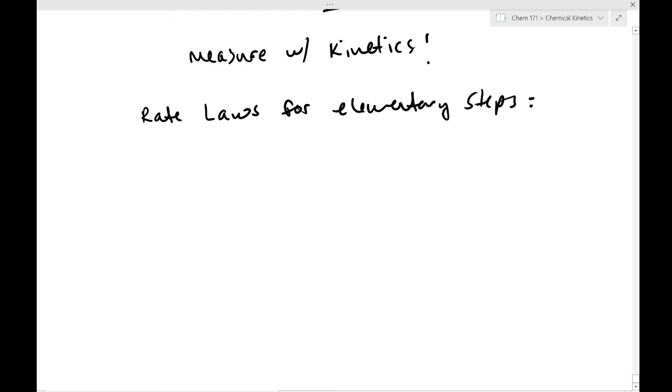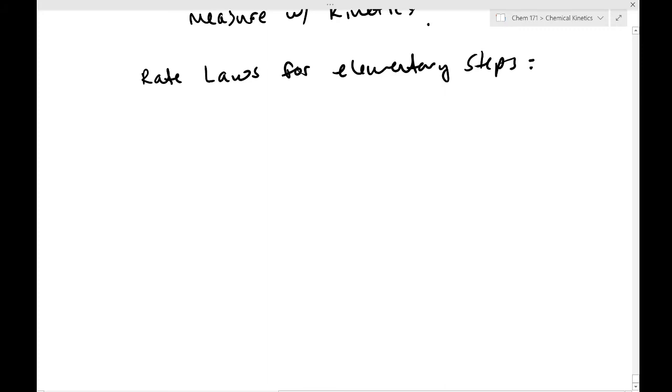Okay, so for each one of these elementary steps that make up the mechanism, we can define a rate law. This is characterized by something called molecularity.